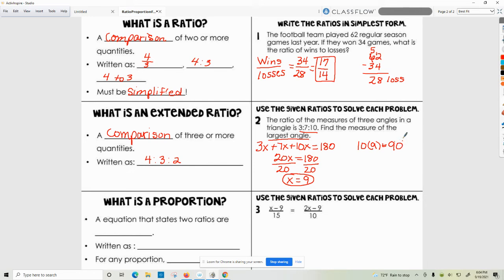Okay. Then the last one is looking at what is a proportion. A proportion is an equation that states that two ratios are equal.